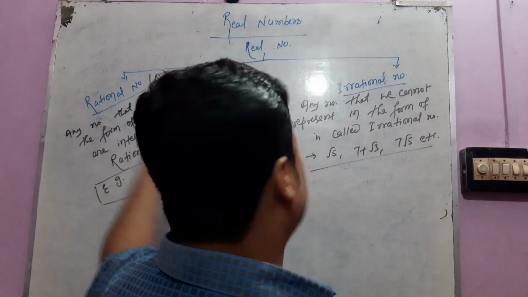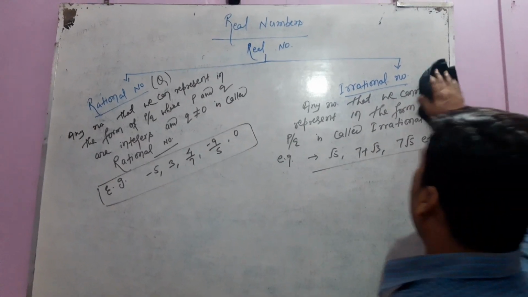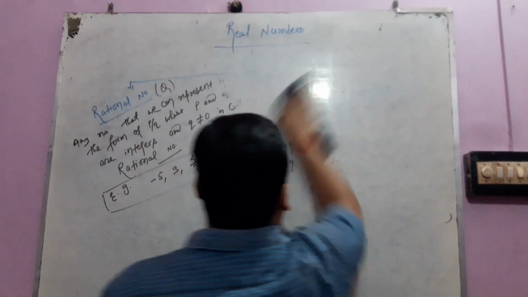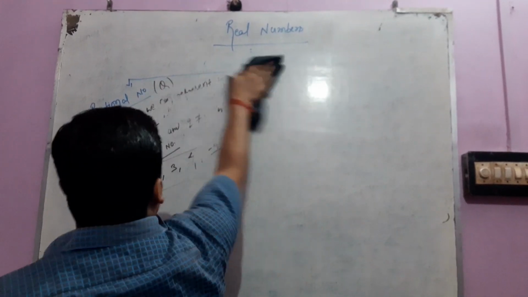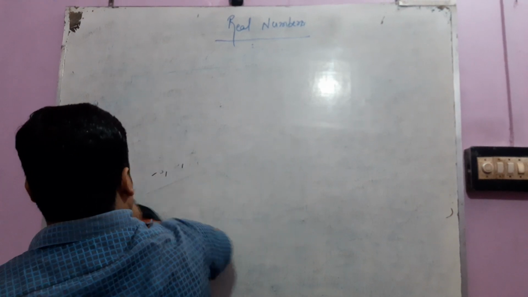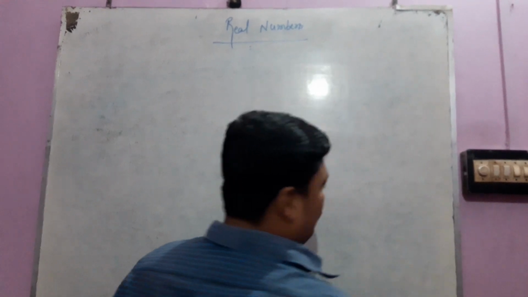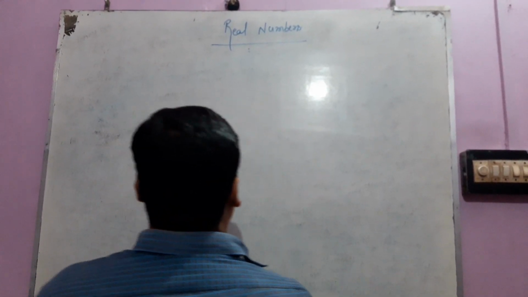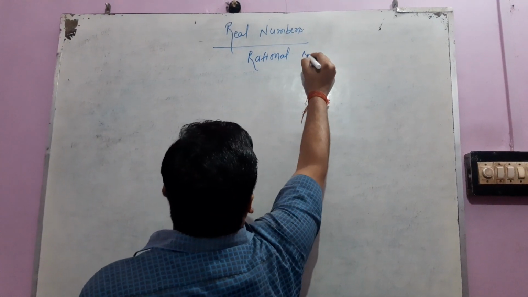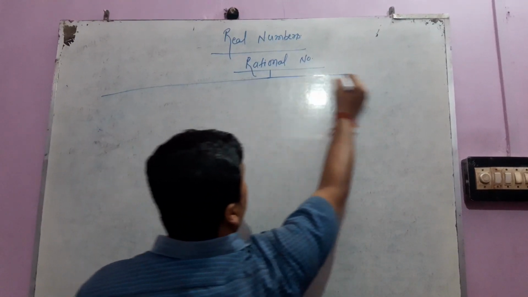Now further, rational numbers are also classified into different parts. So we have to look at the different parts of rational numbers. Rational numbers are classified in many groups.